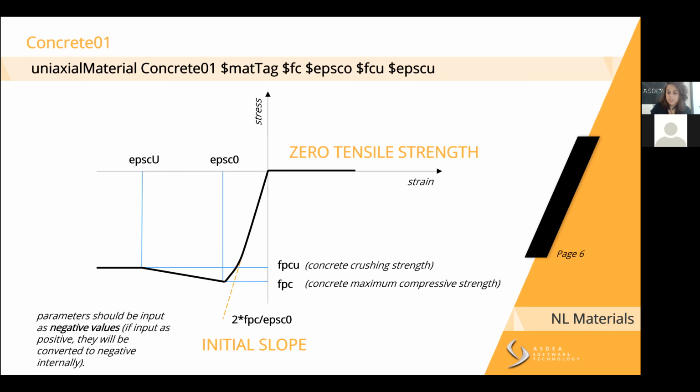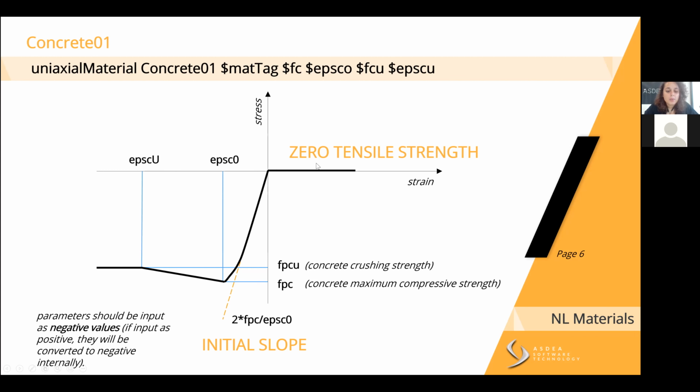We can add a crushing strength and corresponding strains to both of these points in the curve. Concrete01 does not see the presence of any tensile strength. So if you see the graph, in the positive quadrant it is flat.